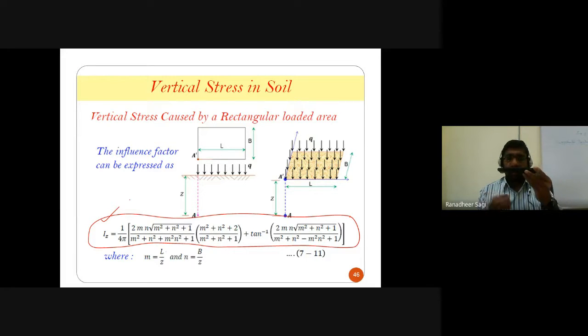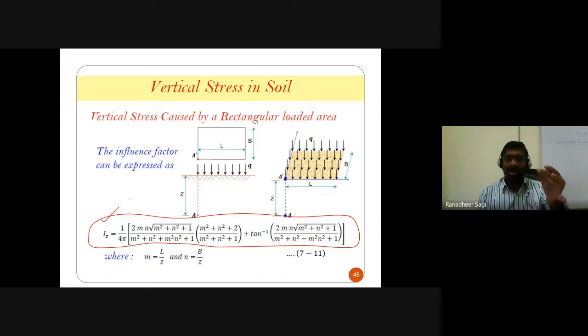Now, the expression we had for calculating the vertical stress is valid only with respect to these corner points. At any depth, I repeat, at any depth, with respect to these corner points only, the expression we had is valid for finding out your increment in vertical stress.